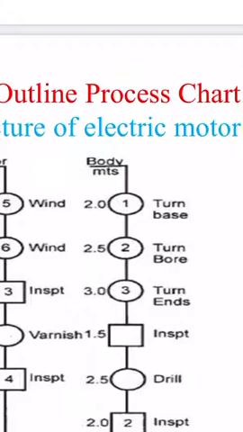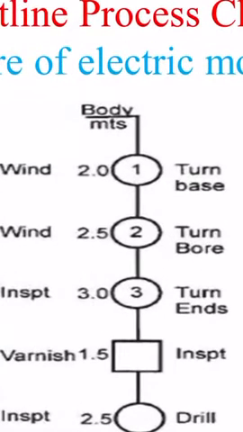Inspection of this body. That's why we have put this square symbol. Similarly, for the square symbol, on the right-hand side we have written inspection, and on the left-hand side we have written 1.5. The time required to complete this inspection activity is equal to 1.5.